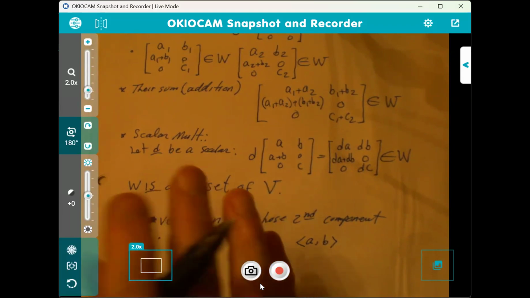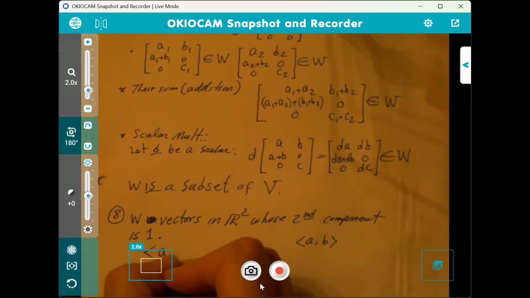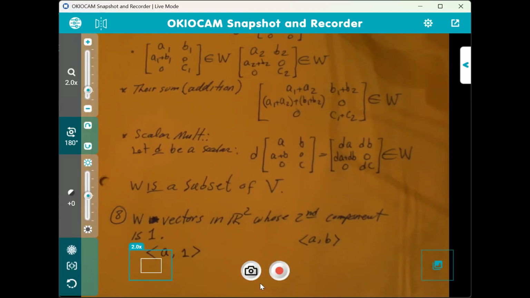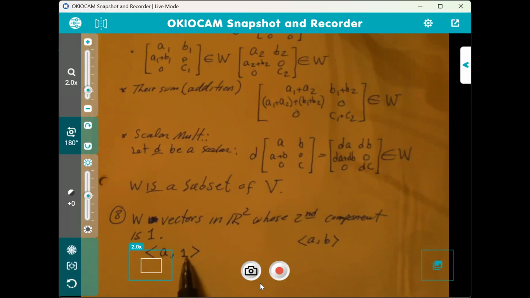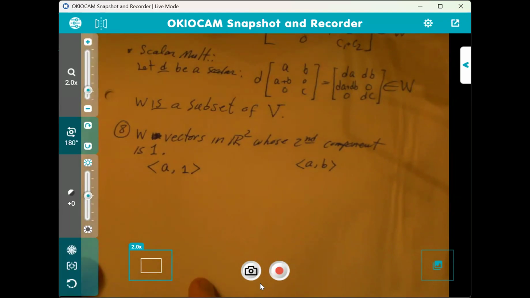So one that is tailored to this author's choice is (a, 1). The second component is always 1. I'm just going to choose vectors whose second component is 1. The first could be any real number. Let's see why this is not a subspace.